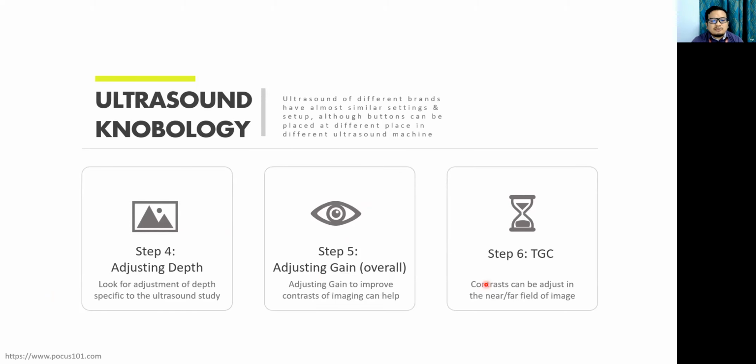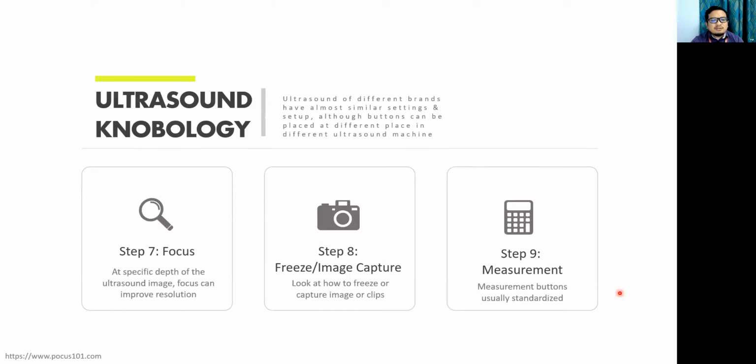Number five is to adjust the overall gain to improve contrast of imaging, which can help during your imaging study. Number six is time gain compensation. Contrast can be adjusted in the near or far field of the image according to your area of interest. Number seven is to focus the ultrasound beam to improve the image quality at the place that you want to inspect, like a focus on the vessel and so on.